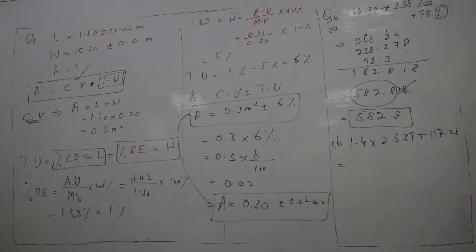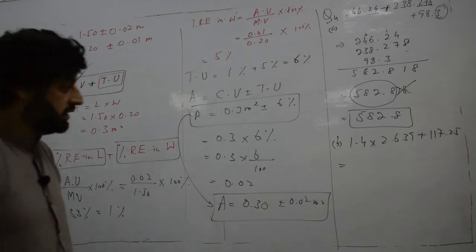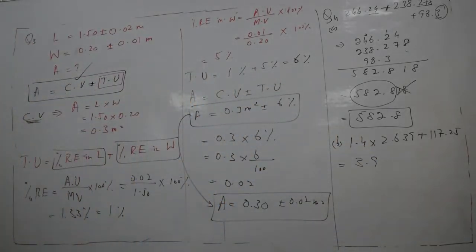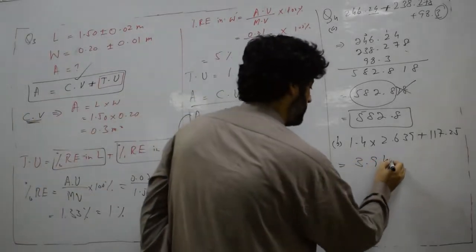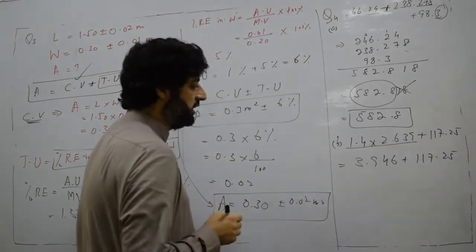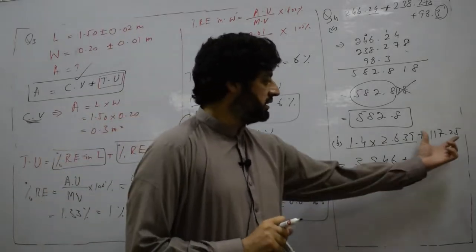So look at this. If we multiply 1.4 and 2.639 by calculator, we will get 3.6946, plus 117.25 as it is.